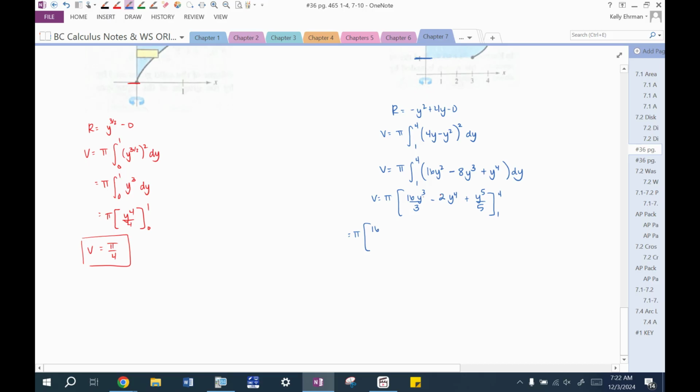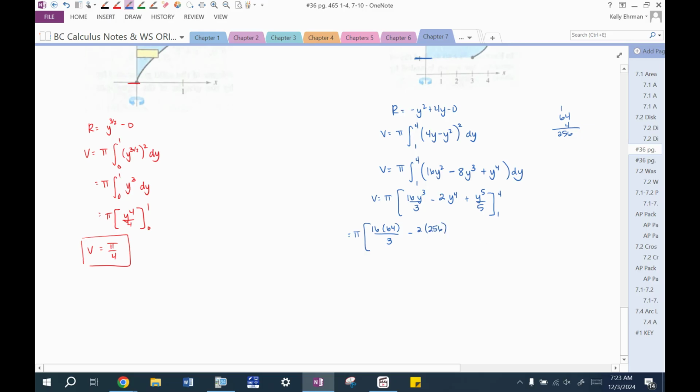So 16 times 4 to the third over 3 minus 2 times 4 to the fourth. So 4 to the third is 64. 4 to the fourth, I need to multiply that by 4, right? 16, 256. So that's 256.